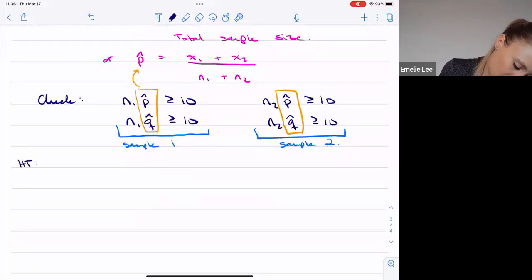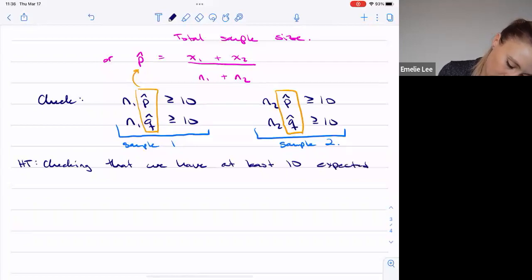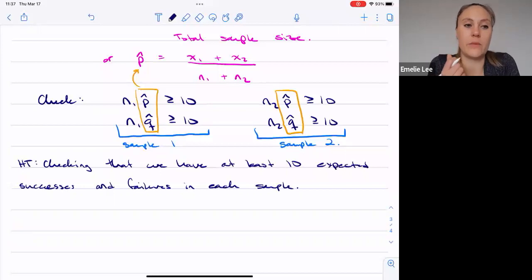So for the hypothesis test, we're checking that we have at least 10 expected successes and failures in each sample. That's the same as before, right? The expected number of successes and failures, but now the expectation is riding on the pooled proportion. So that's fine, because that is what you would expect in each sample.